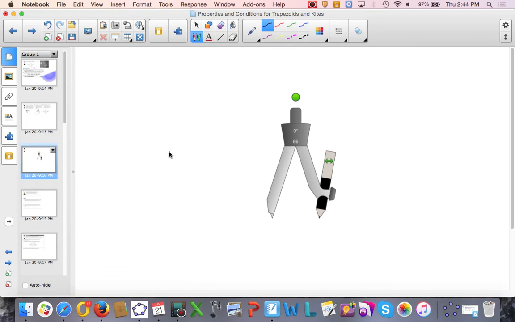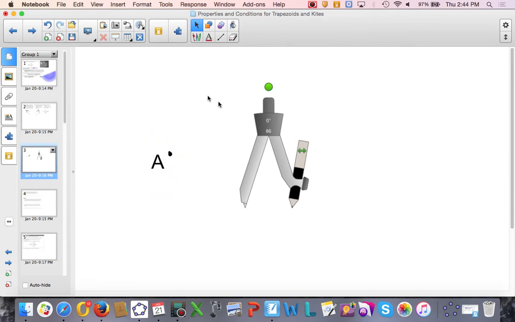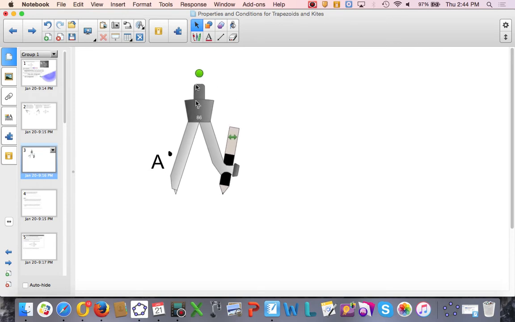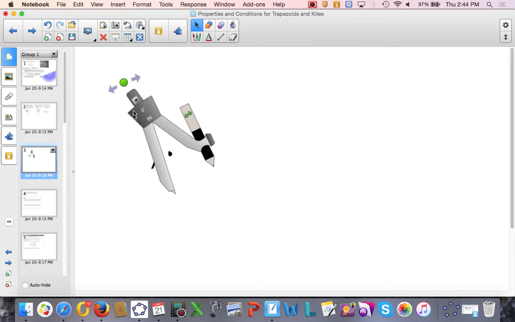Okay, so I'm going to make a point here, and I'm going to call this point A. Okay, so here's my point A. And from A, using my random compass setting, I'm going to create two other points.